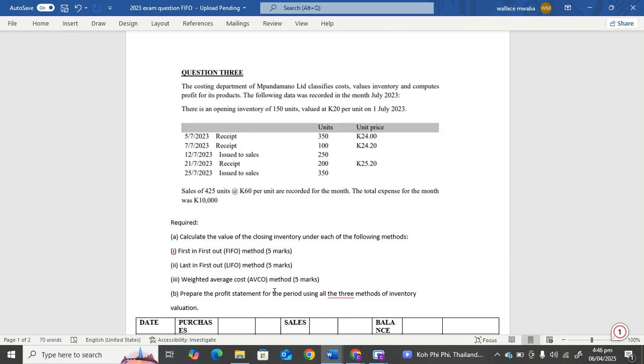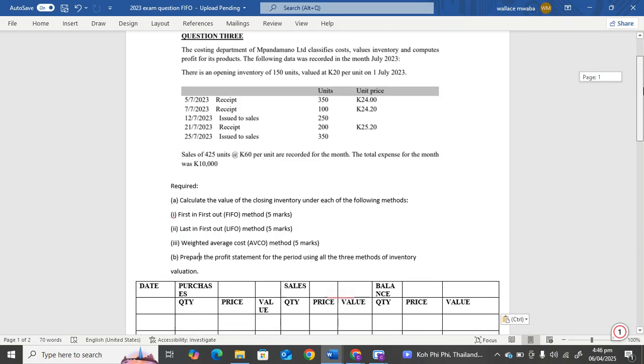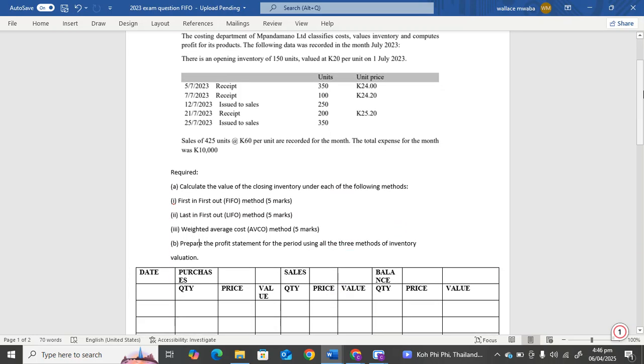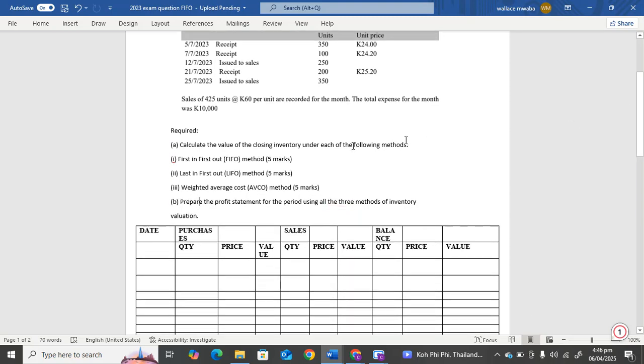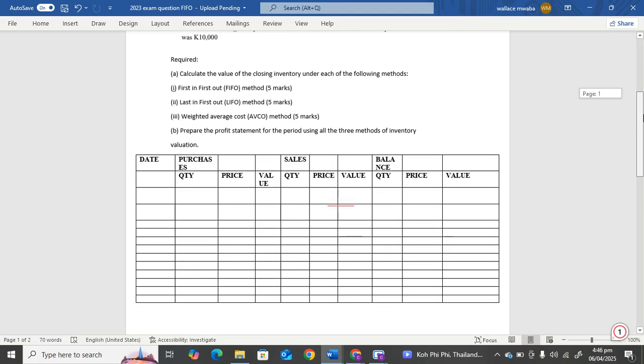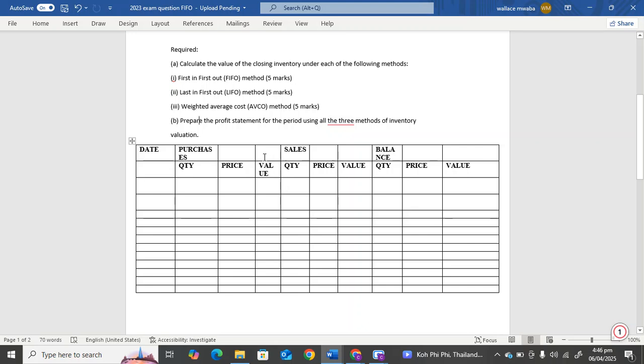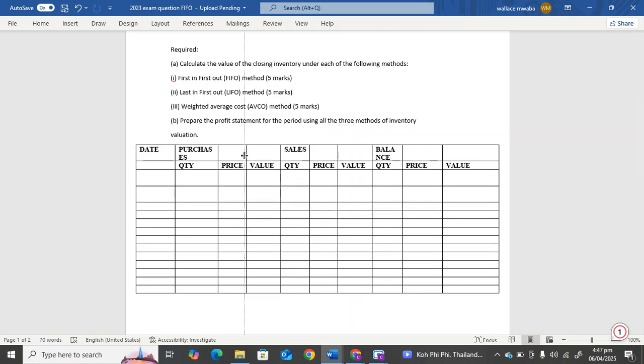All right. So we're going to start with the first in, first out method, where the goods that came in first are the ones that are going to be sold first. So this is the table you make. It's called a stores ledger.